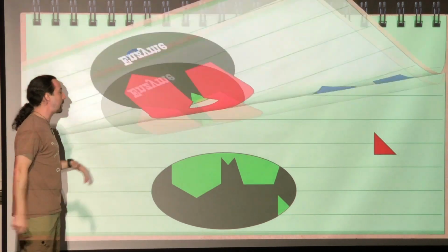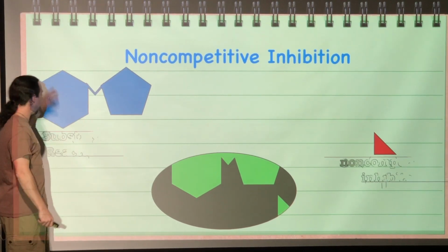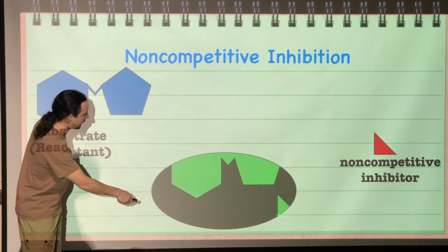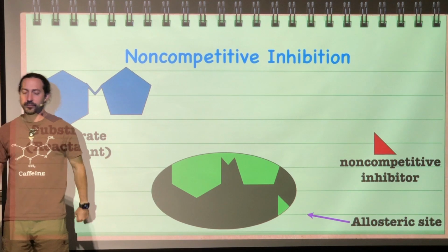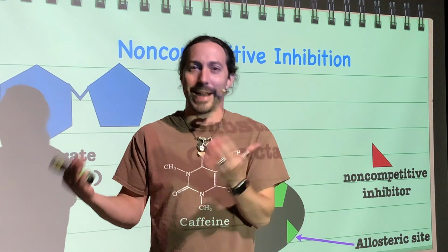Another way that an enzyme could effectively be turned off is called non-competitive inhibition. And again, we got our substrate right here, and we have our non-competitive inhibitor. But I want us to also pay attention to, we have this other site down here. It is called an allosteric site. And that is where the non-competitive inhibitor is going to bind. So the non-competitive inhibitor, it doesn't go to the active site.